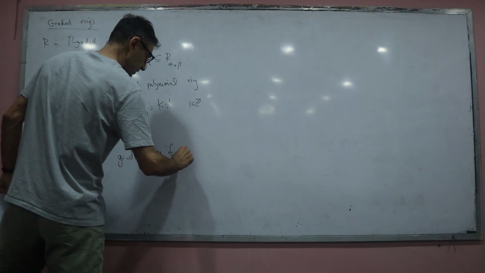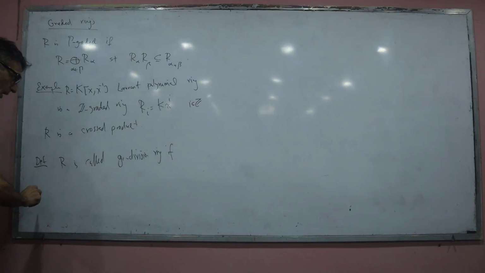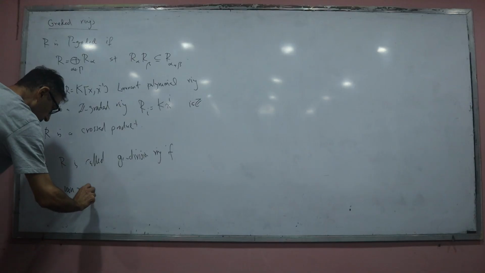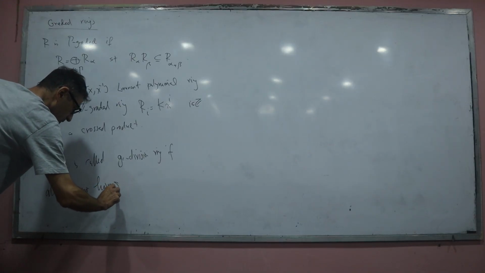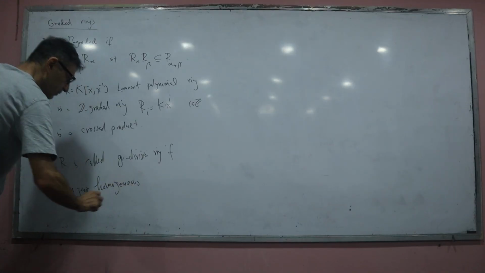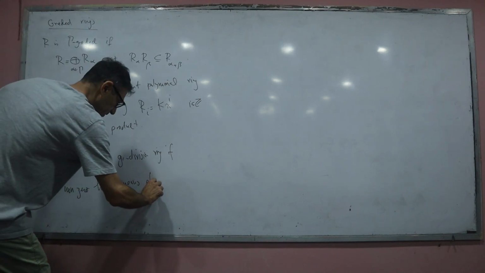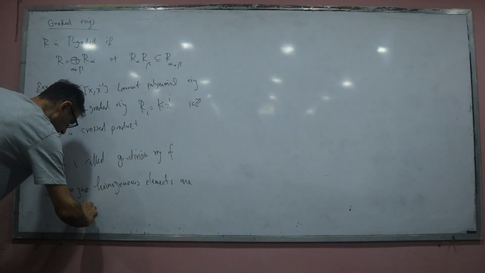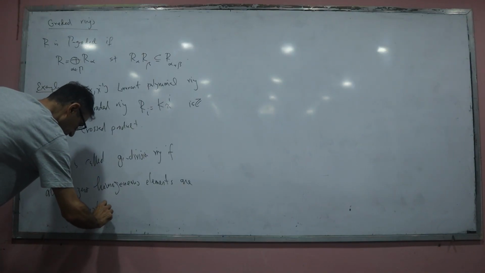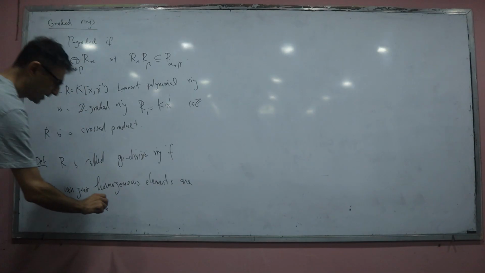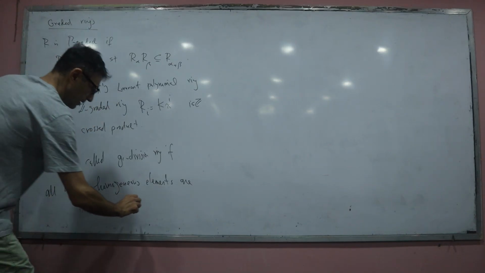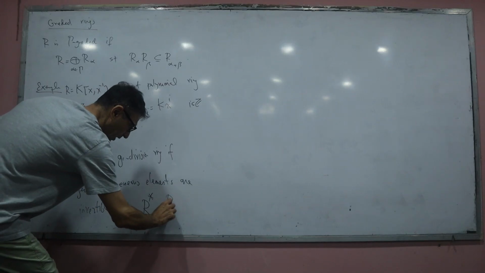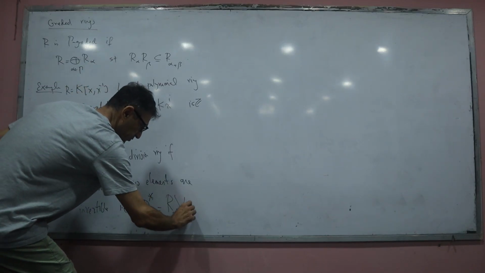If all non-zero homogeneous elements are invertible, i.e., R star alpha is really R alpha if you drop 0.